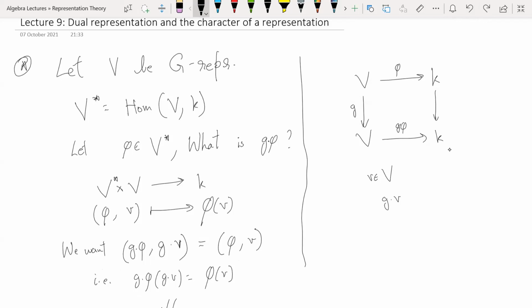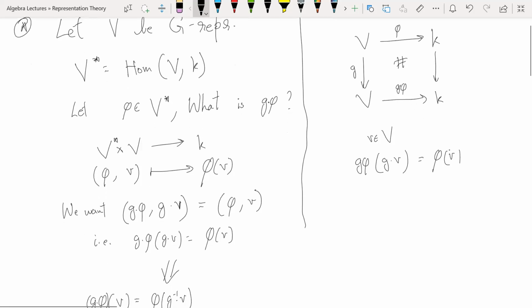For instance, you take v in V, you apply G, and then apply phi. That should be the same as you first apply phi, and then there is no action. So this is phi. This is another way of saying that it should preserve pairing, so this diagram should commute. I'm just trying to motivate why this definition is the right one.